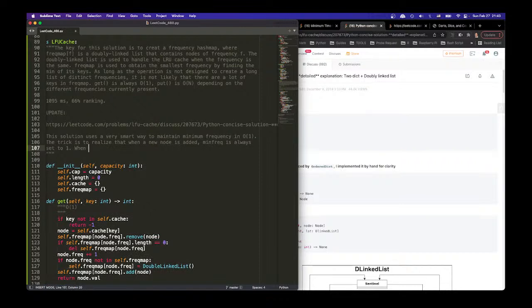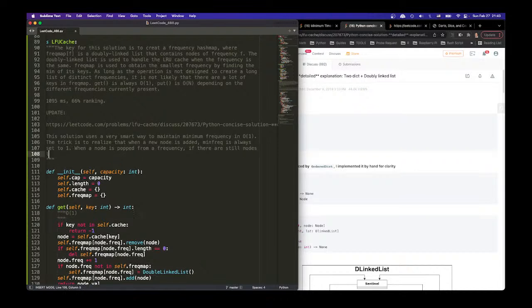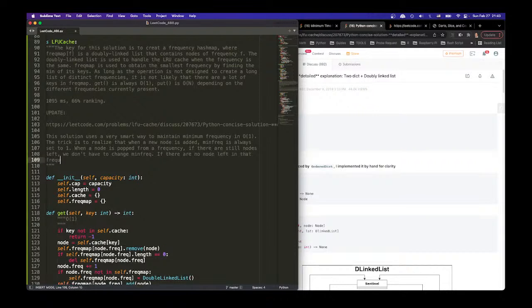When a node is popped from a frequency, if there are still nodes left, we don't have to change minimum frequency. If there are no nodes left in that frequency and it is not the same as min frequency, we don't have to change min frequency.